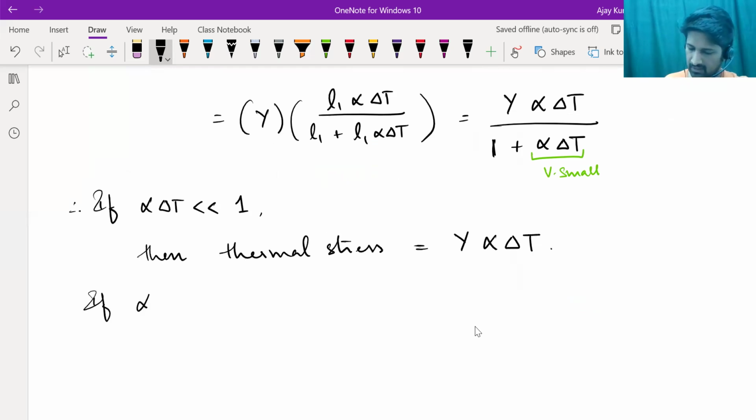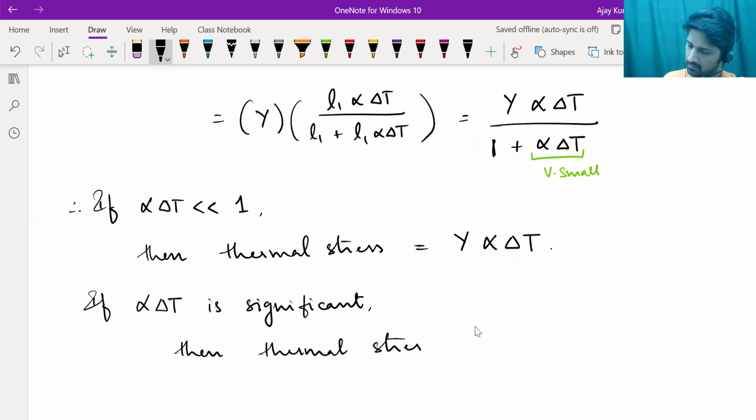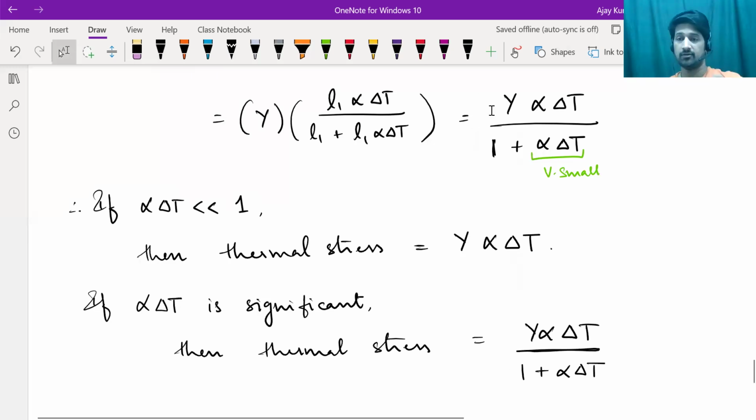But if alpha delta T is not very small compared to 1, meaning it is significant, that depends on the problem. If alpha delta T is significant, then the thermal stress expression would be Y alpha delta T divided by 1 plus alpha delta T. Then you will have to consider that alpha delta T in the denominator as well.